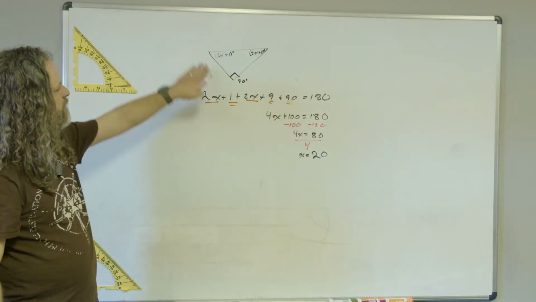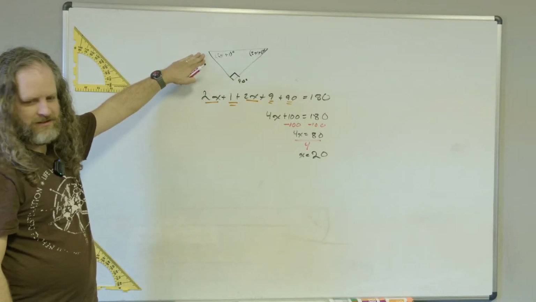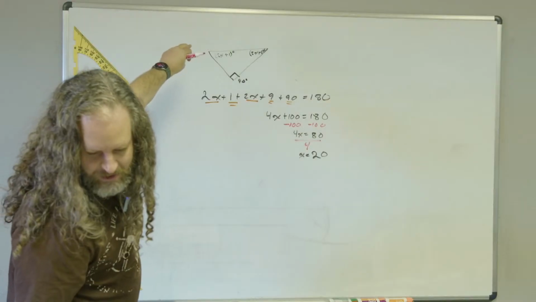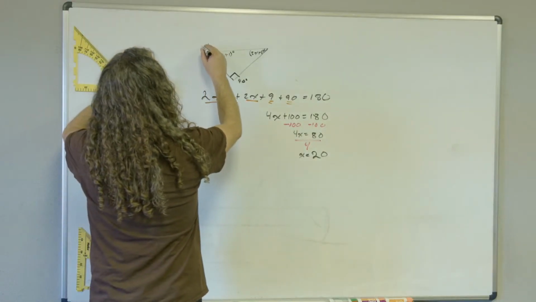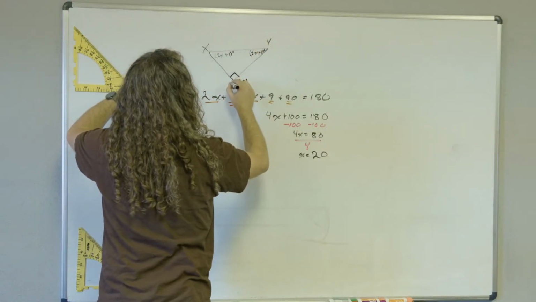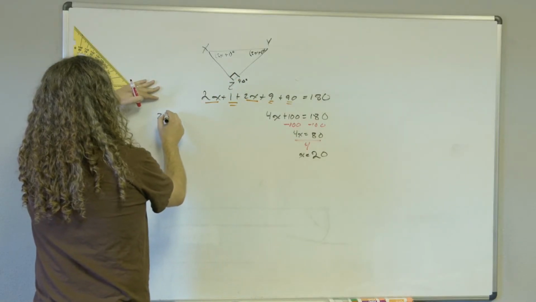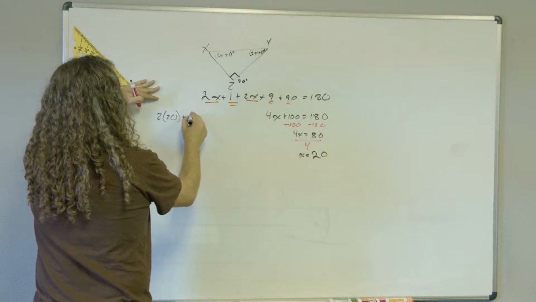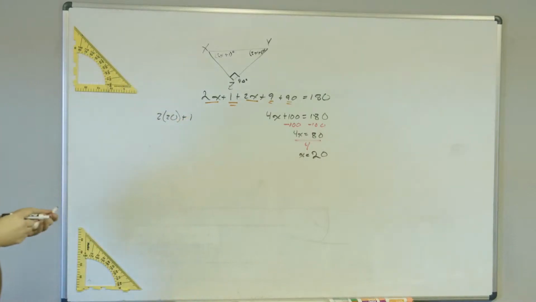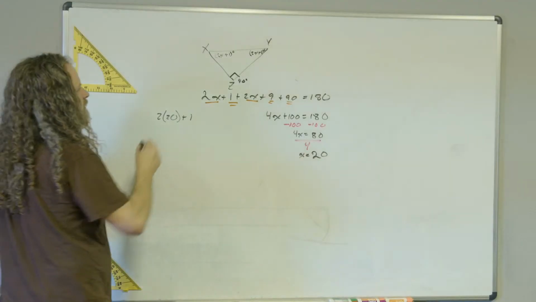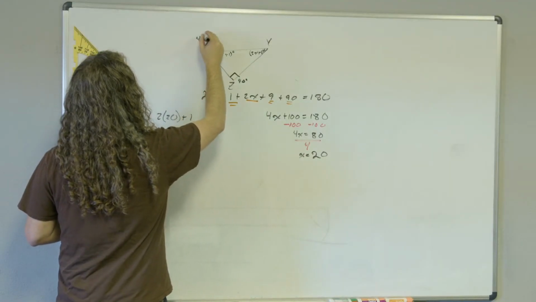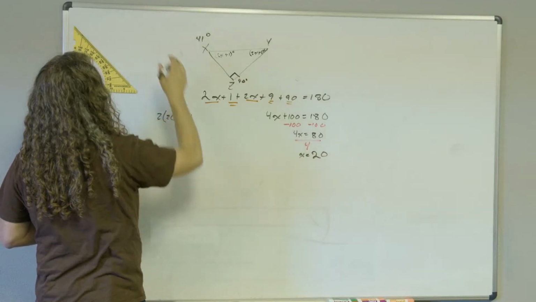Then we'd have to substitute back in and figure out what these are. What are the letters on this one? X, Y, Z. Put the 20 over here. 2 times 20 plus 1. What's 2 times 20? 40 plus 1 is 41. This is 41 degrees.